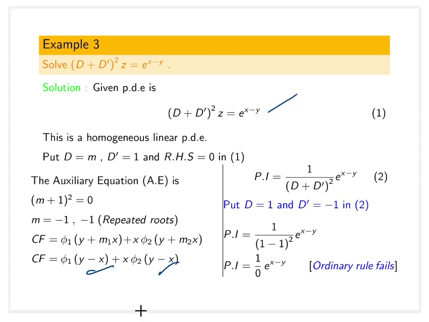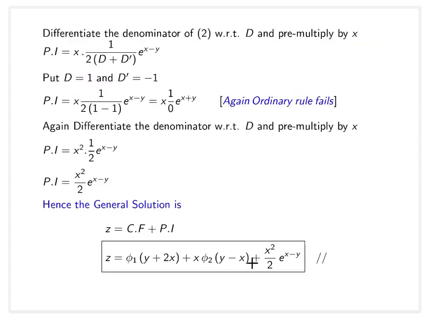The particular integral is 1 divided by D plus D dash the whole square into e power x minus y. So put D is equal to 1 and D dash is equal to minus 1. So for the particular integral the denominator is 0. Since the denominator is 0, we do the same process. So multiply by x in the numerator and partially differentiate the denominator with respect to D. So we get this. Replace D is equal to 1 and D dash is equal to minus 1. Again the denominator is 0.